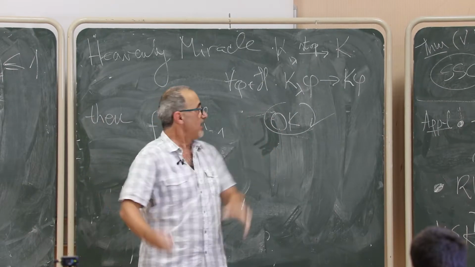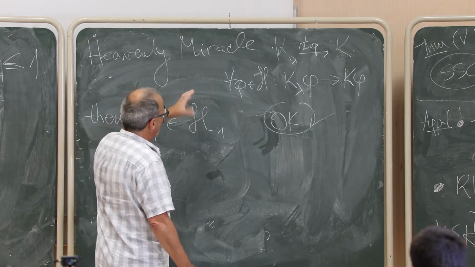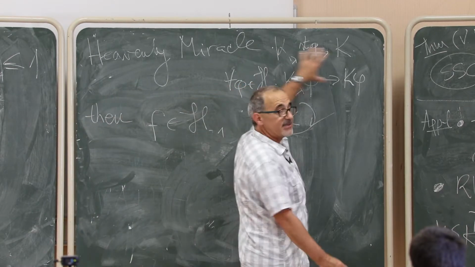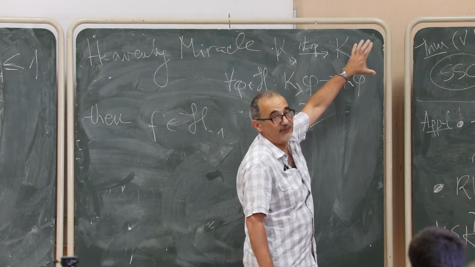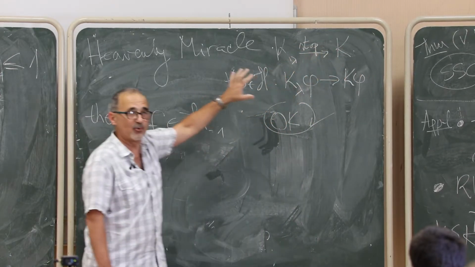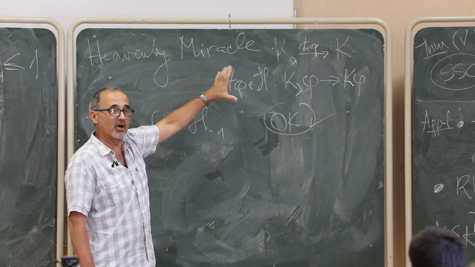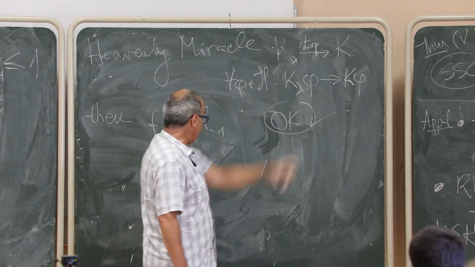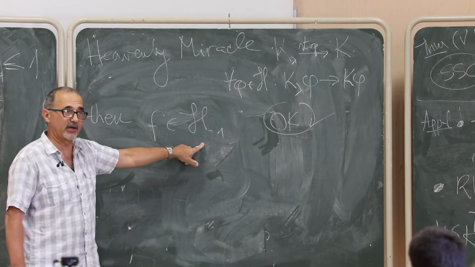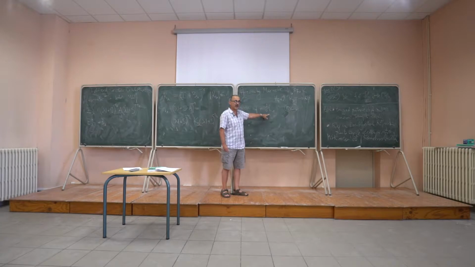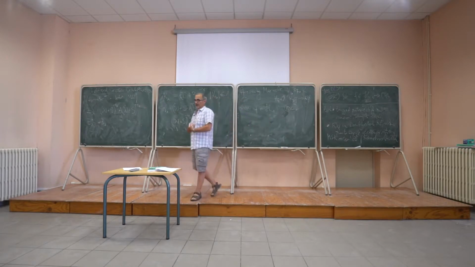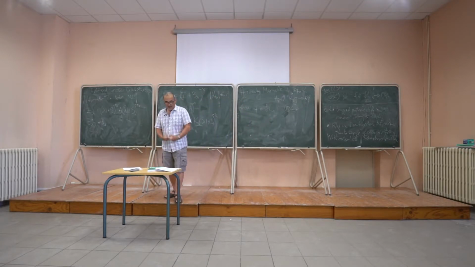You will see later. Now I just said if by some miracle this happens, I tell you when it happens. That will be a condition on the operators plus a condition on the function to be integrated, to be in H minus 1, and the two together imply what we need. Right? And let's see why.